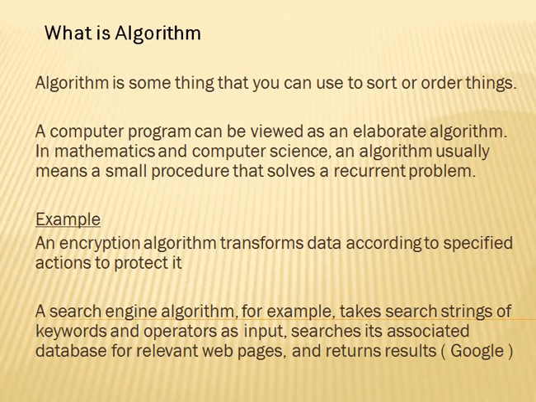On the basis of the keywords, it builds its own criteria, its own algorithm, to search on the web. So Google also uses an algorithm for searching on the net. So this is all about algorithms. What is an algorithm? It is something that you can use to sort or order things. This is called an algorithm.